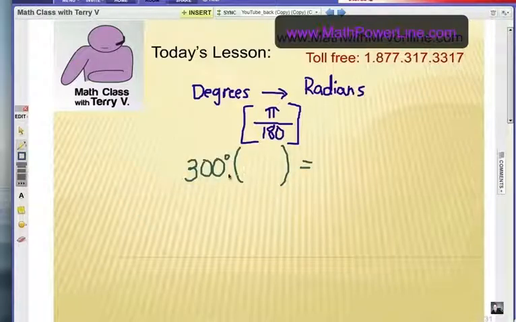A first example: converting 300 degrees into radians. Use the conversion ratio of pi over 180. Again, notice the degrees is in the denominator, so that unit will cancel out. We will have 300 pi over 180, and now we have to do some simplifying.